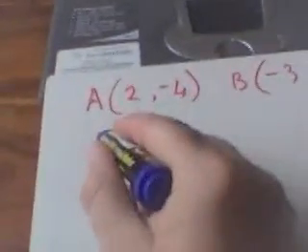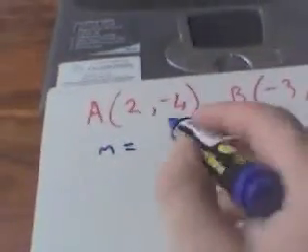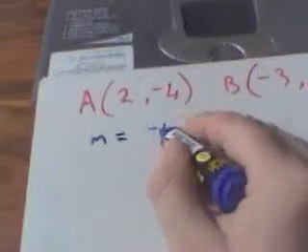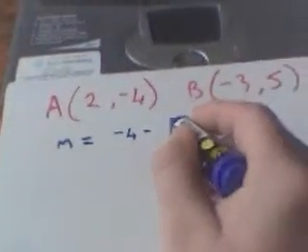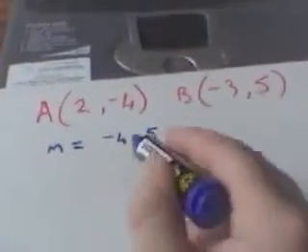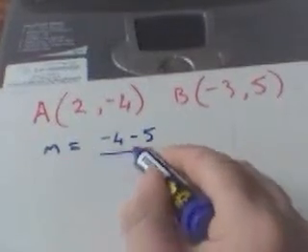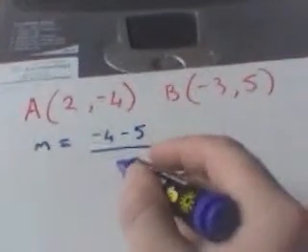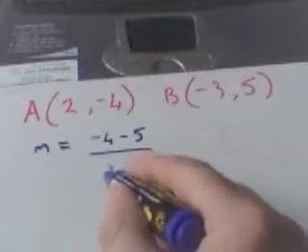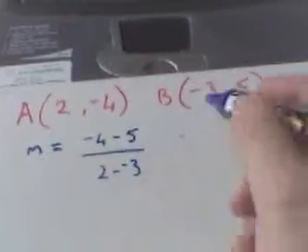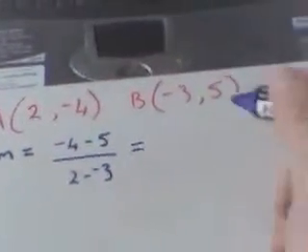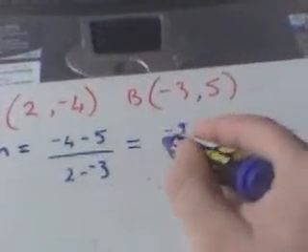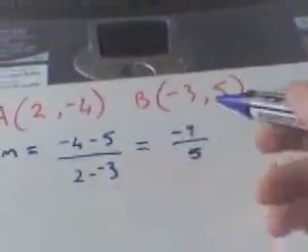So first things first, gradient: minus 4 minus 5 over 2 minus negative 3, which is minus 9 fifths.